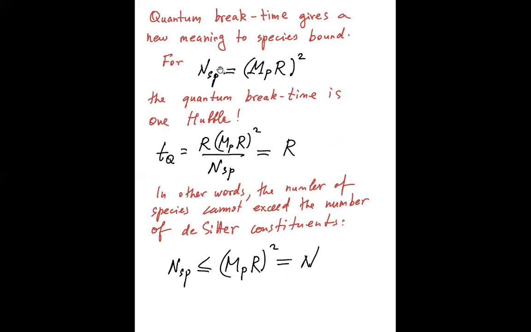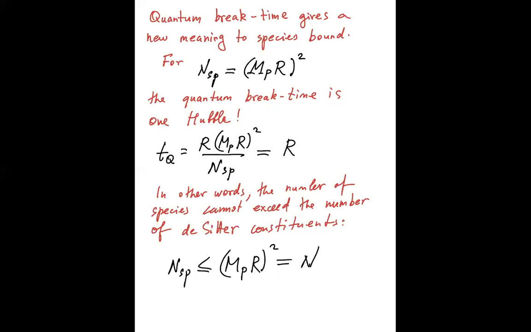If you violate the bound on species, if you have too many species in the theory, given by this, if you have this number of species, then the quantum break time of de Sitter is shorter than the Hubble time, which is absurd because classical geometry, this means that you prepare classical geometry, and it just disappears in less than one Hubble time.